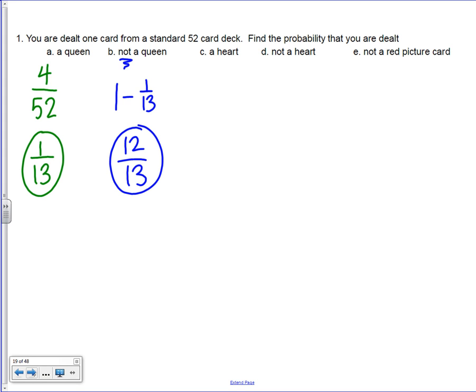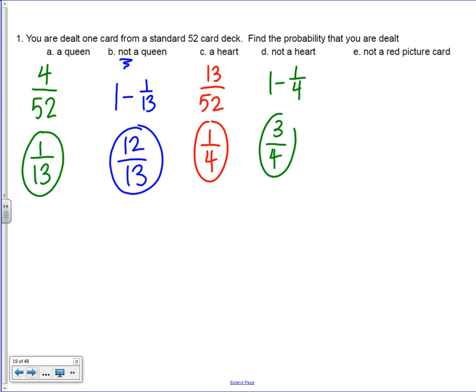All right, let's try this with hearts. What's the probability of getting a heart? Well, there's 13 hearts in a deck out of 52 possible cards. So if you reduce that, you get a probability of getting a heart that is 1/4. Now, if I don't want a heart, I'm going to use that formula that says take 1 minus the probability that you actually do get one. 1 minus 1/4 gives me a probability of 3/4.